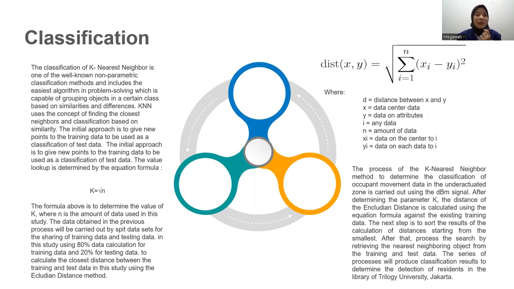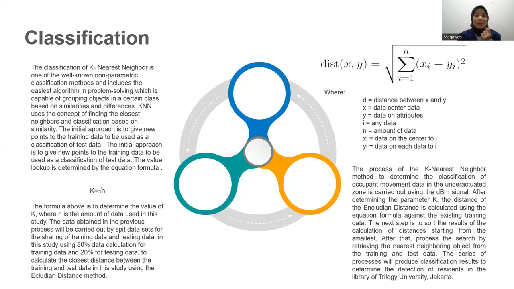KNN using the concept is find the closer neighbor and classification based of a similar that in the upfront of a given point of the training data to be in a classification in test data.